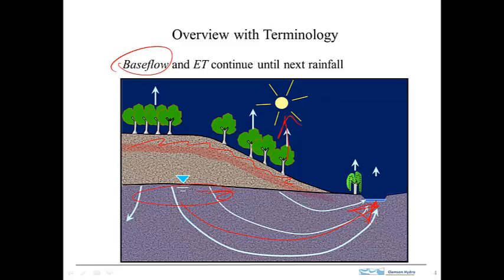And those processes continue until the next rainfall. The next rainfall then acts like a pulse, relatively short duration, that puts water into storage in the shallow vadose zone for access by the plants, and also some water is migrating downward, reaching the water table as recharge, and then ultimately flowing to the streams where it discharges as base flow.